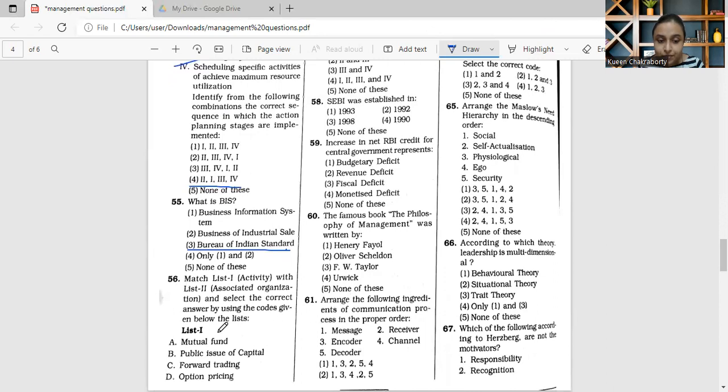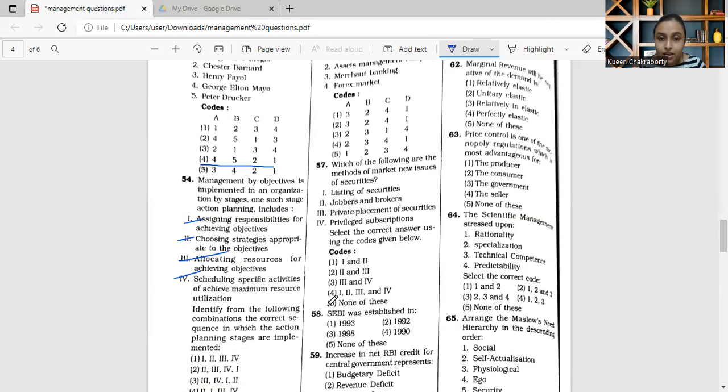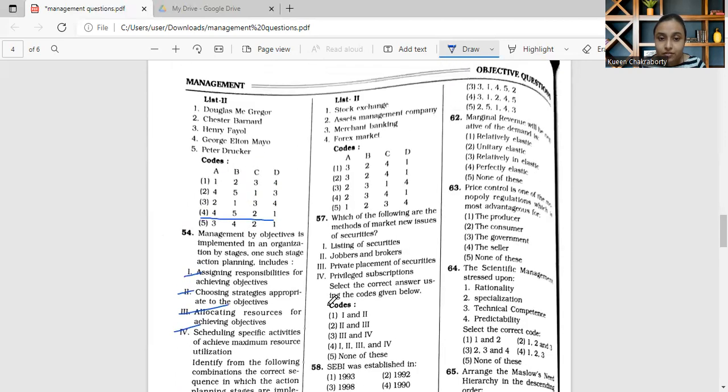Let's go to B, public issue of capital. Public issue of capital will be merchant banking. What is the public issue of capital? One of the functions of merchant banking is issue management. Issue management refers to effective marketing of corporate securities like equity shares, preference shares, debentures, or bonds by offering them to the public.